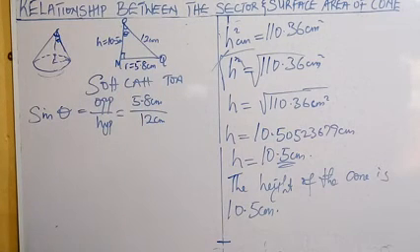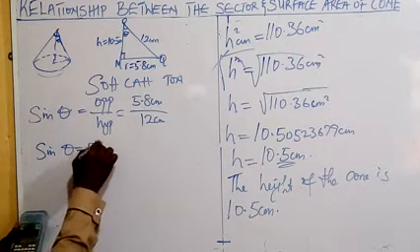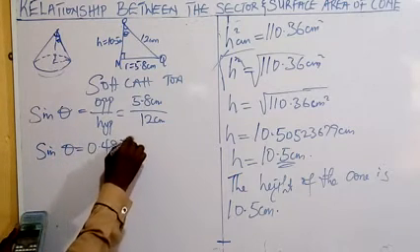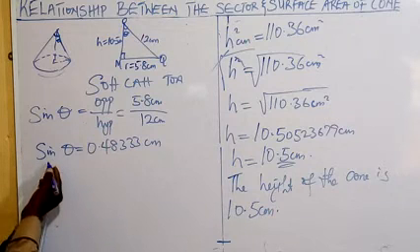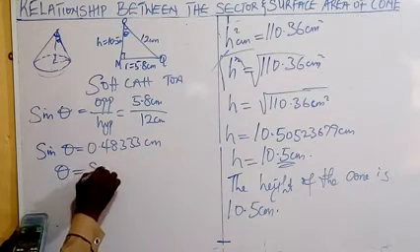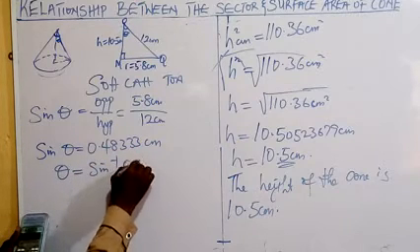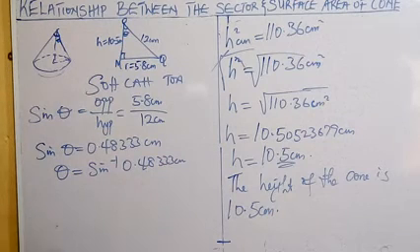Let's use our calculator. That will give us 0.4833. So sine theta equals 0.4833. All right, let's find the inverse of sine. So theta equals sine inverse of 0.4833.